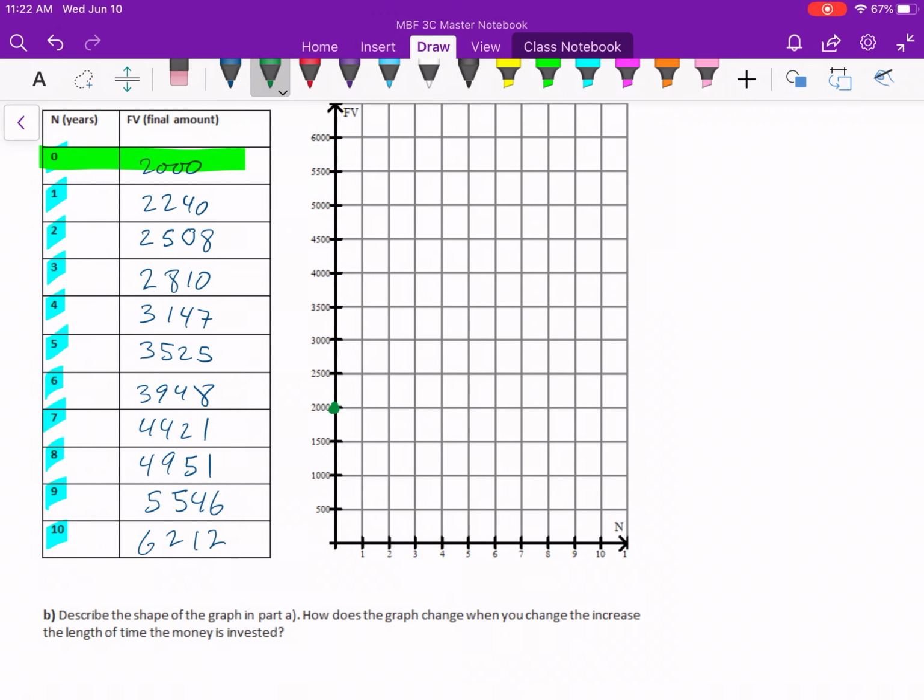Then we have the next one, 1 and 2240. So 1, go up to, I have to estimate, about halfway in between there. And then the next one was 2 and 2508. So that's about here. And so I just keep plotting these ordered pairs.